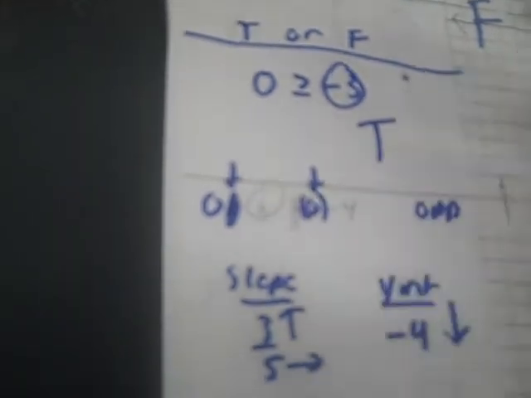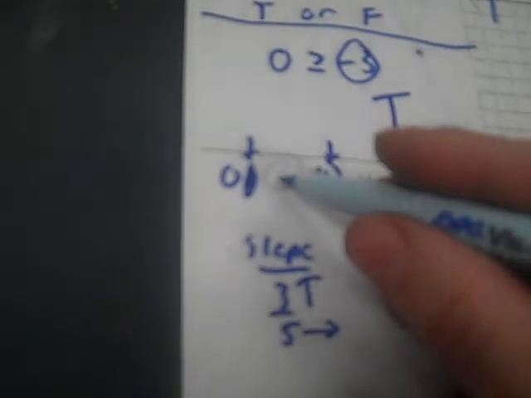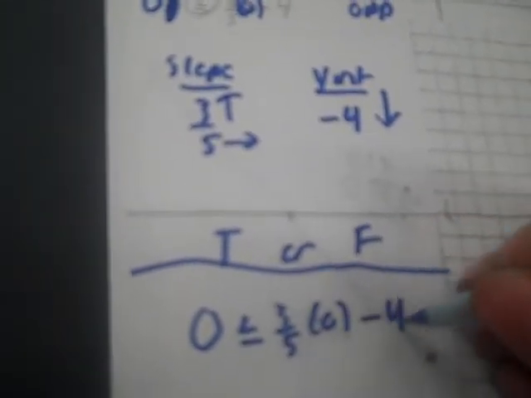And now it's time to do the true-false test. This is my favorite point. X is 0, Y is 0. So Y we can just get rid of, put a 0 because there's nothing in front of it, but the X I need to put in parentheses with 0. So I have 0, I have the sign. I have 3/5, parentheses 0, minus 4.